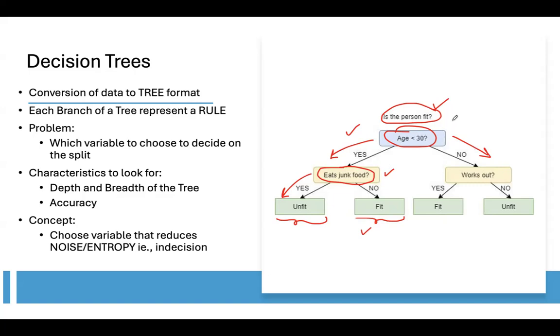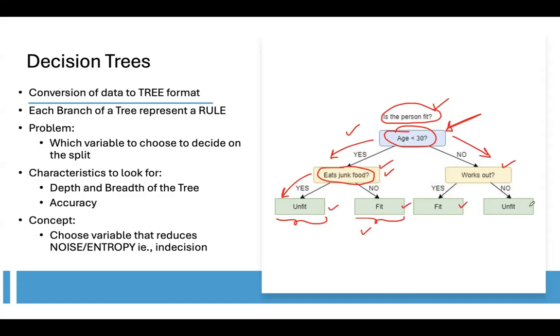The terminology that you use in trees is exactly the same as what you use in decision trees. For example, this starting node is the root node, and we also call this a decision node. The second nodes here, which are represented in a different color, are the second decision nodes, and that is basically the second question. Then you have the leaf nodes here, which represent the results, the final answer.